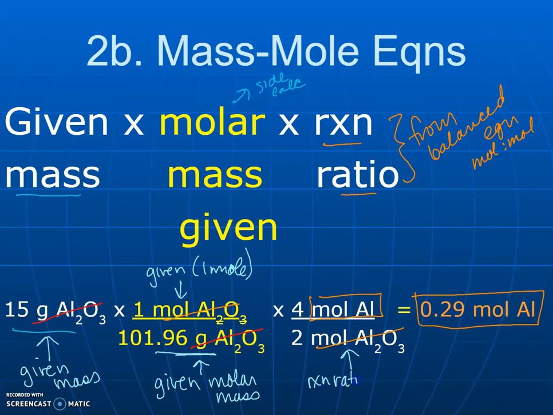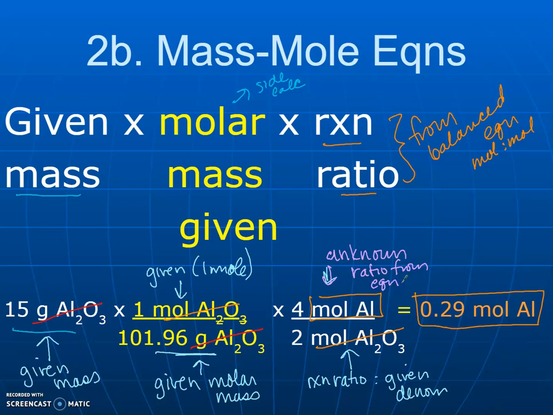Your ratio will always have your given in the denominator, and your unknown from the equation in the numerator.